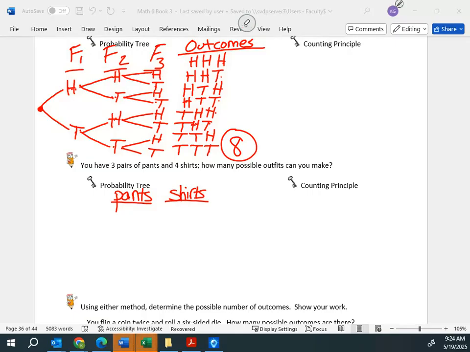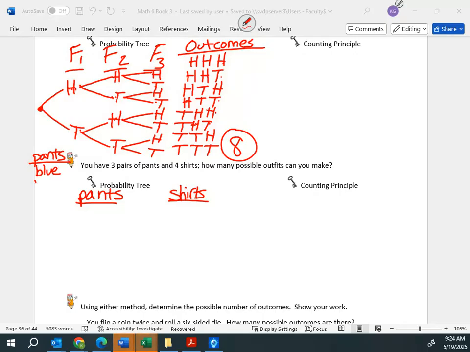I'm going to give myself a little bit more space here. So, how many different colored pants could we have to choose from? Kylie? 3. So who can tell me a pants color? Bridget? Blue. What's another pants color?